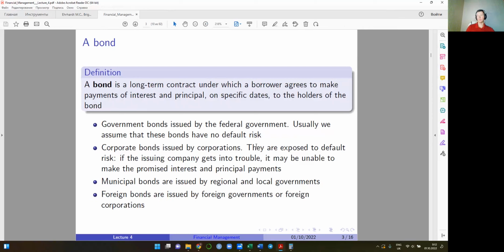And sometimes we also introduce foreign bonds, which are issued by foreign governments, foreign corporations, in general foreign issuers. All these bonds are similar in their functioning. The only difference of these four types is who issues and who is the borrower with the help of bonds.